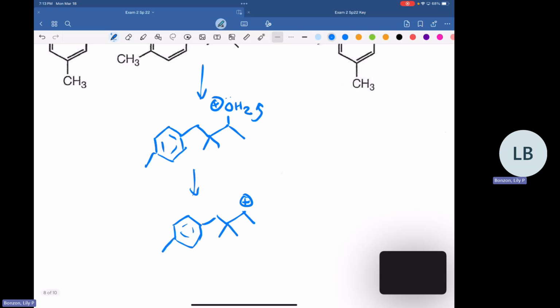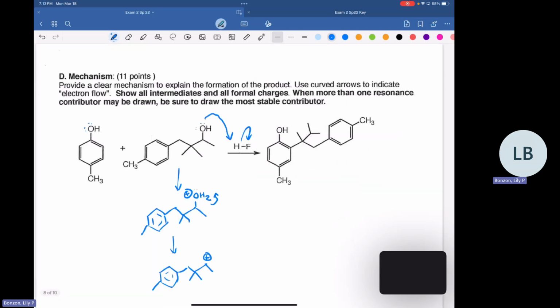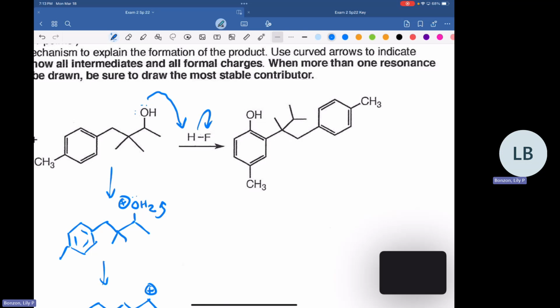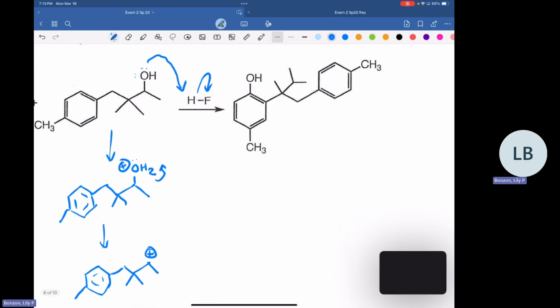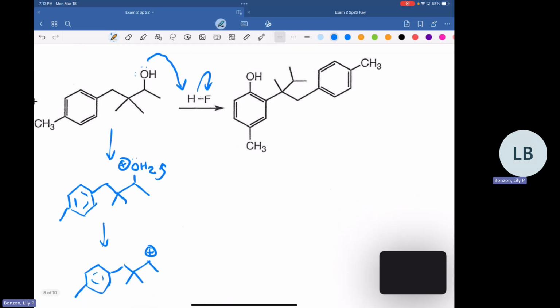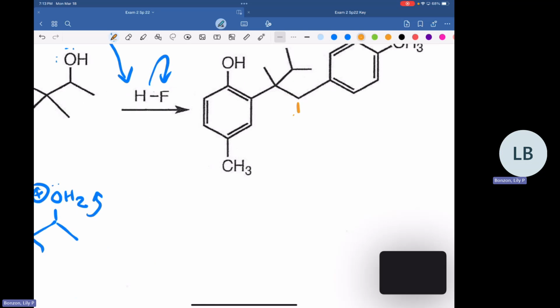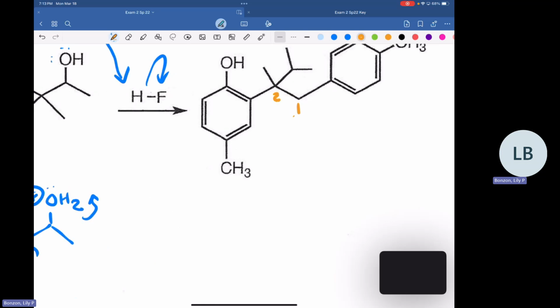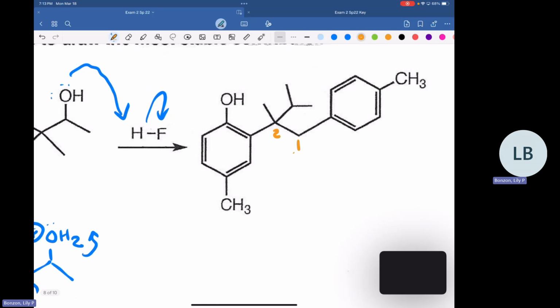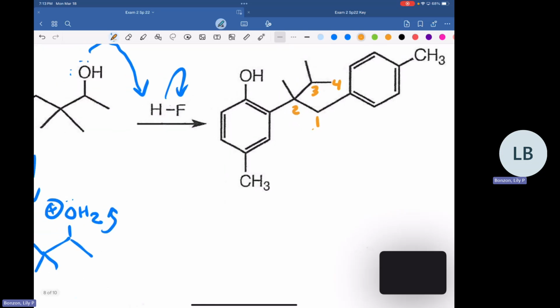And so looking at our end product, numbering carbons is always a good idea. So I'm just going to do that real quick. 1, 2. I'm going to try and keep it on the same parent structure. So 1, 2, I'm going to just say 3, 4. And then this is the other structure that we were given that I'm just not going to worry about.